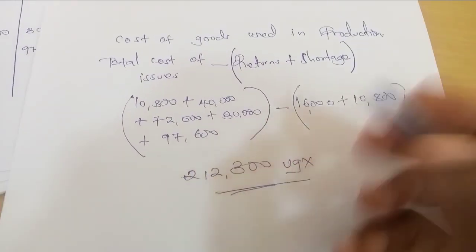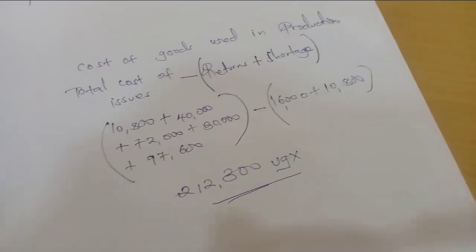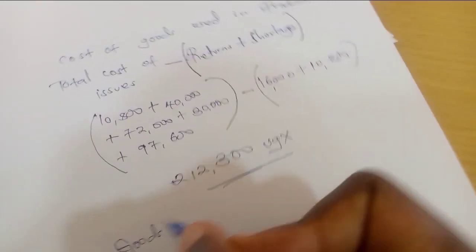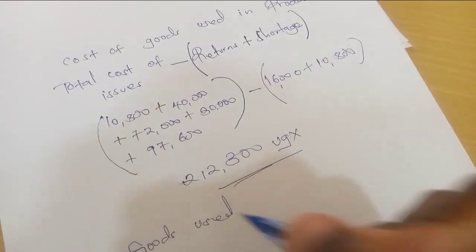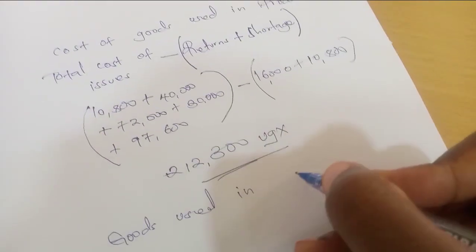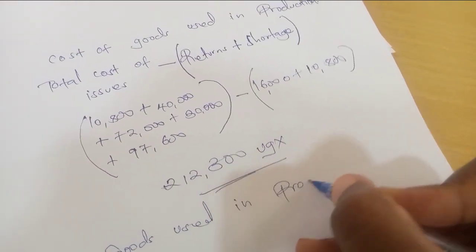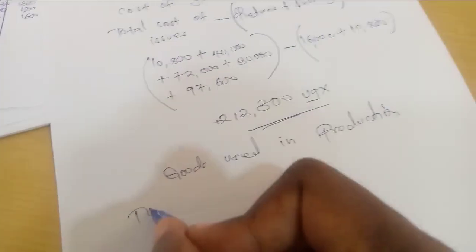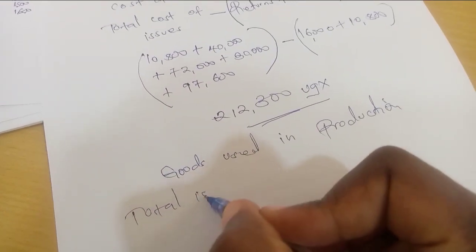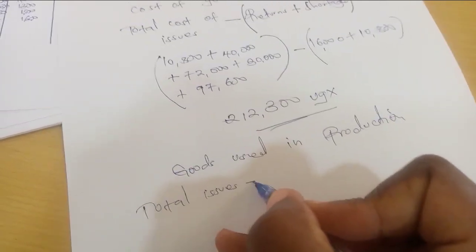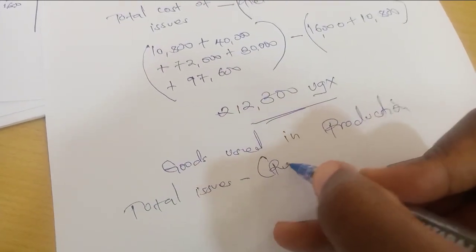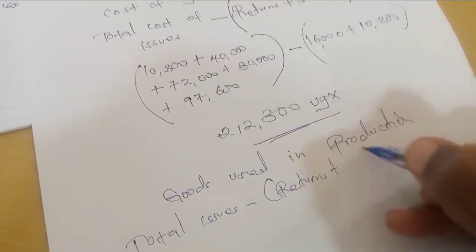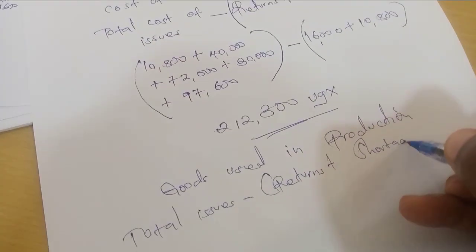In case they asked for the goods, only goods used in production, you would get total issues minus returns plus shortages or what is stolen.